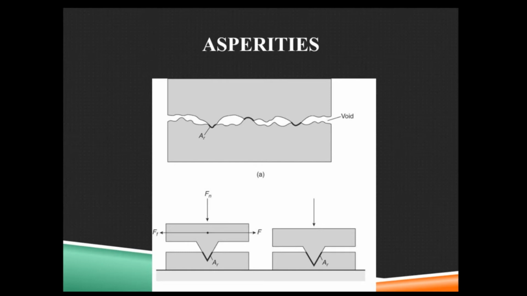If we push down really hard, compressing them closer together, it goes from being like this, where the asperity is digging in a little bit, to being like this, where it's digging in a lot. That's why more normal force increases the friction.